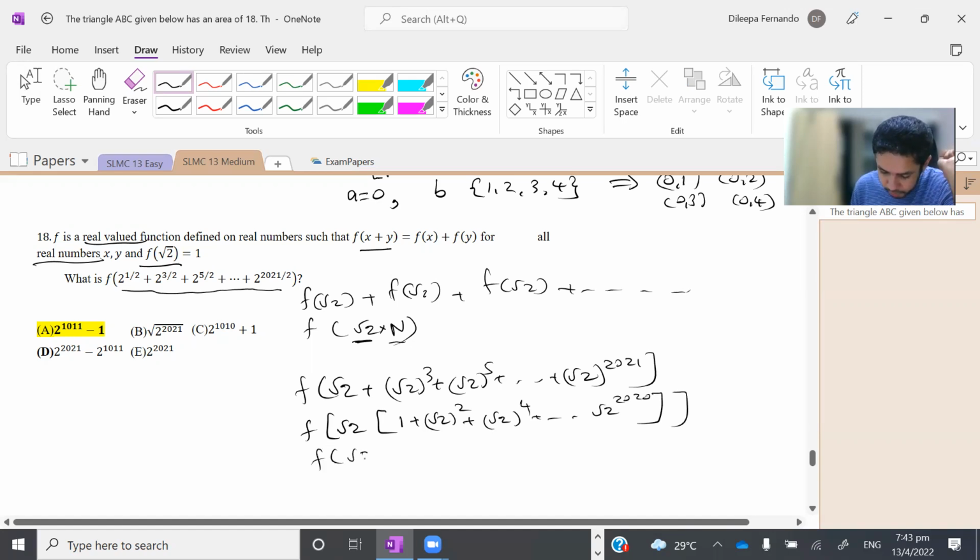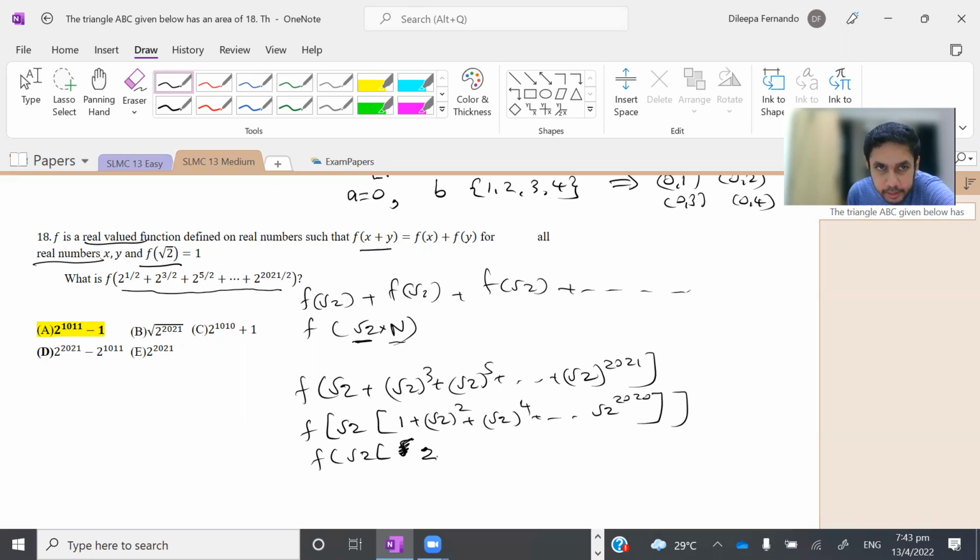f of root 2 into the sum of a geometric progression: first term into common ratio 2, r to the number of terms, minus 1, divided by 2 minus 1. How many number of terms?